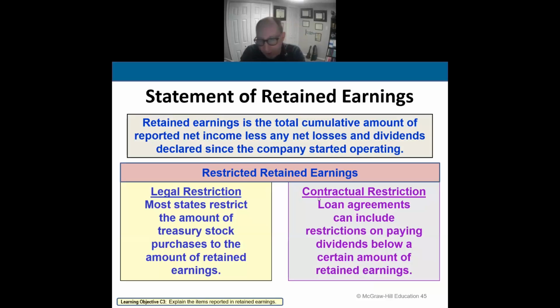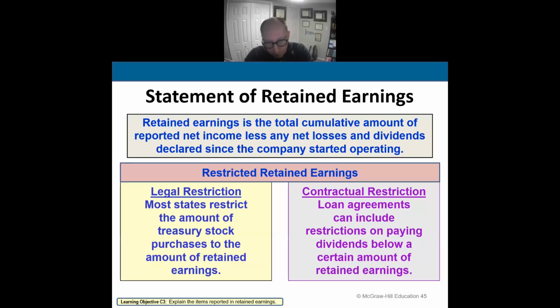On that statement of retained earnings we talked about, because remember, there's four primary financial statements. There's the income statement, balance sheet, statement of cash flows, and the fourth is called the statement of retained earnings. The statement of retained earnings is going to show you the amount that is retained in the business. That comes from net income. So we have net income, which turns into retained earnings if it's left in the business.